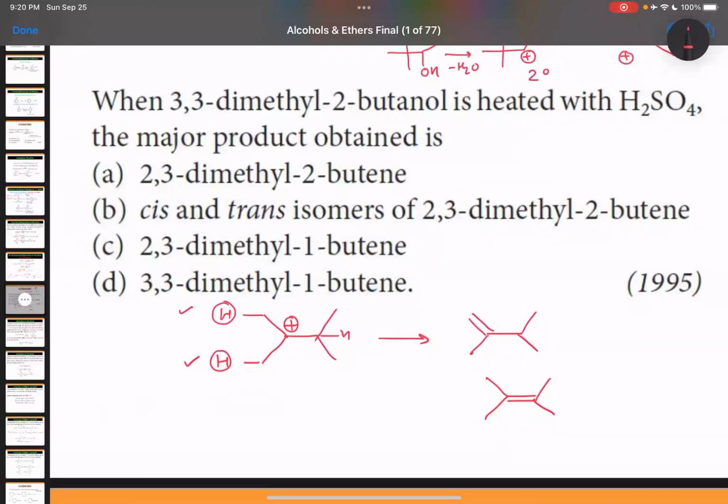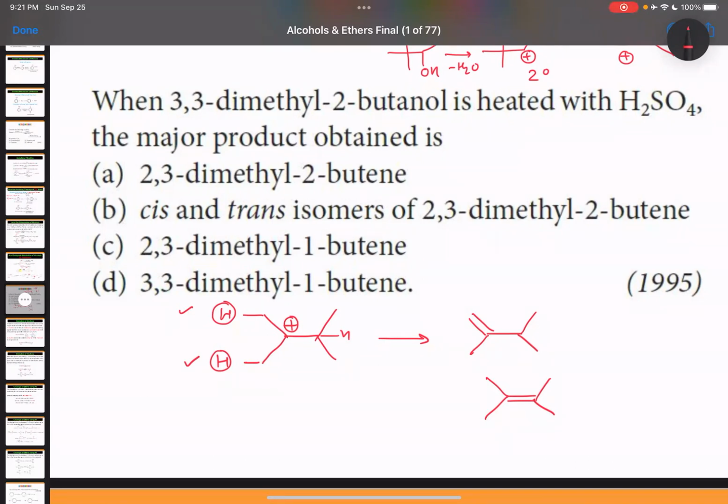What was that rule? Markovnikov? No, that was for the addition of HBr. For removal of HBr, for alkene formation, what was the rule?